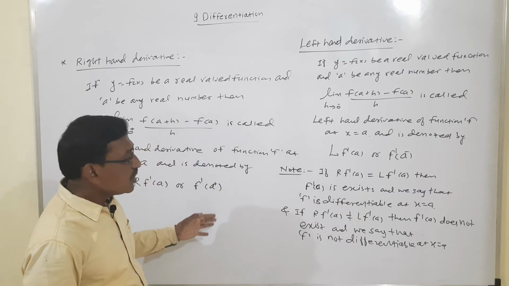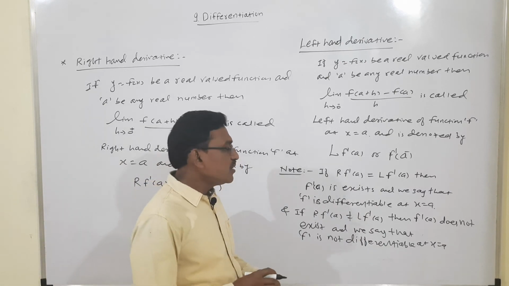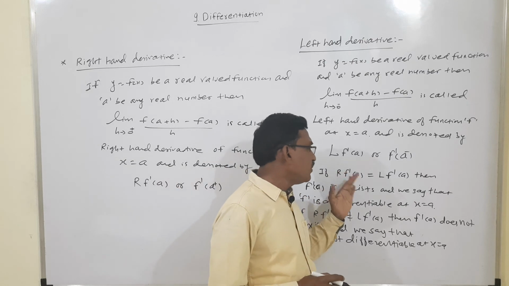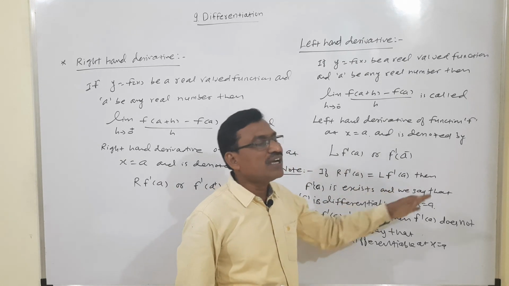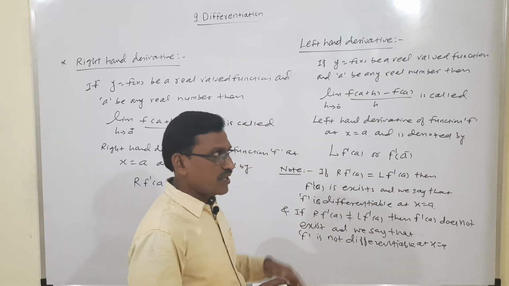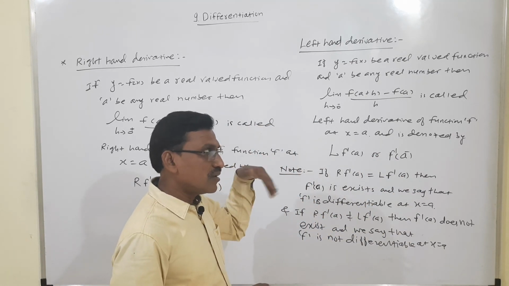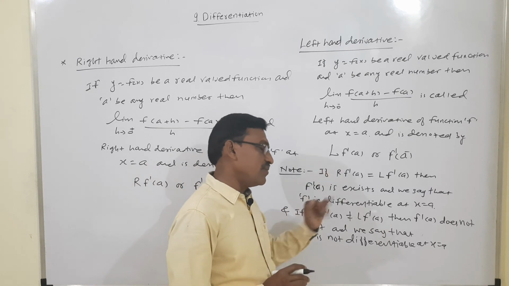In the same way as in continuity, if the right hand limit is equal to the left hand limit of that function, then we say that the function is continuous at x equal to a.